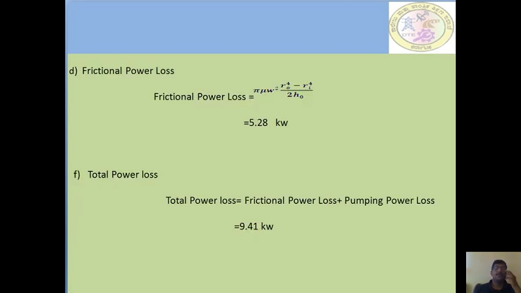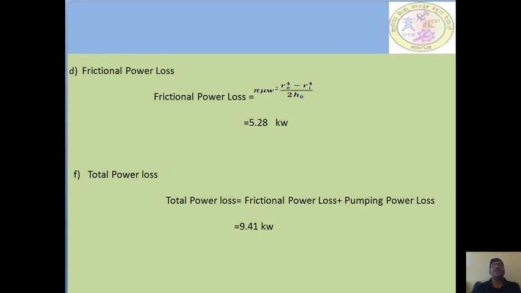And frictional power loss. The frictional power loss equation is already in the data handbook: pi into mu into W square, where W is the angular velocity, into R naught to the power of 4 minus Ri to the power of 4, divided by 2 S naught. The angular velocity of the journal is calculated as W equals 2 pi N by 60, or pi d N by 60.